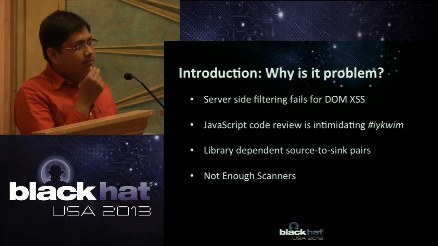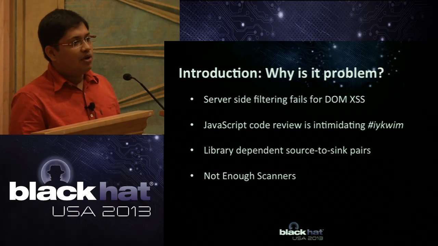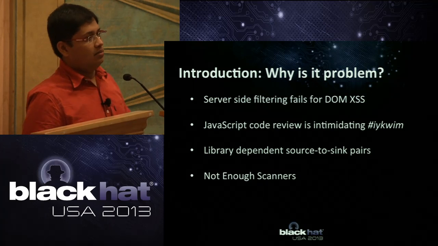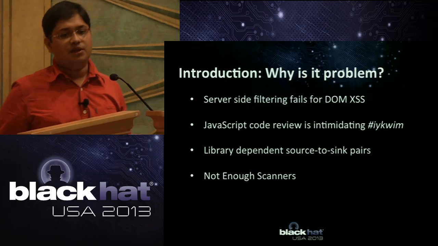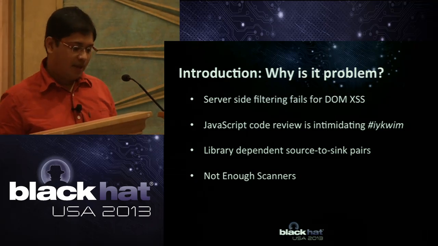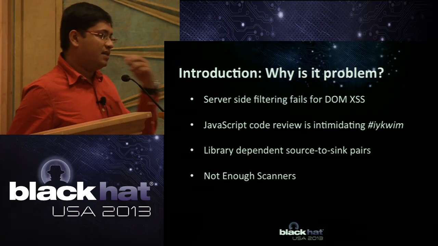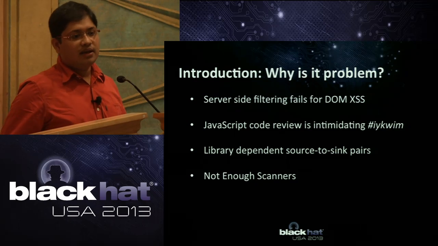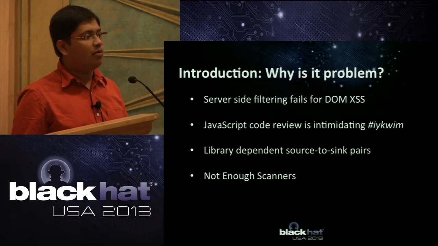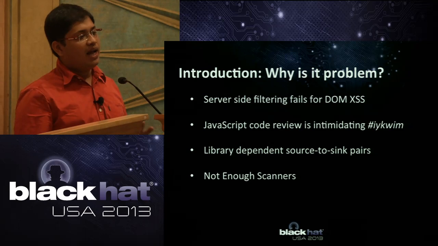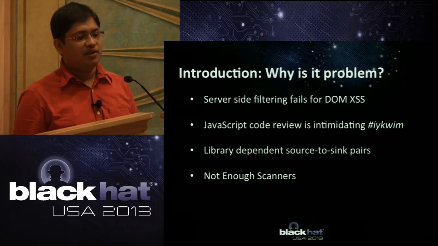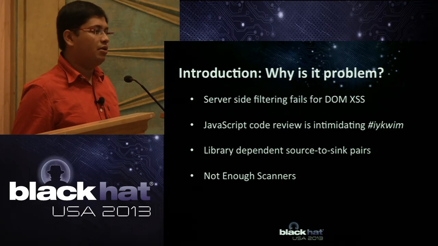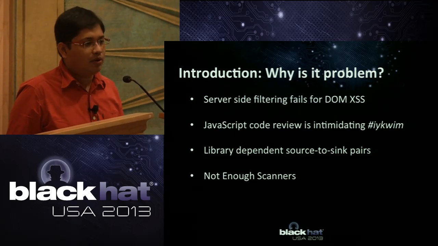The reason I ask this question is that with the availability of so many libraries, when we scan JavaScript source code for source and sink pairs, there are libraries like jQuery and YUI, which have library-dependent sources and sinks as compared to pure JavaScript programs.